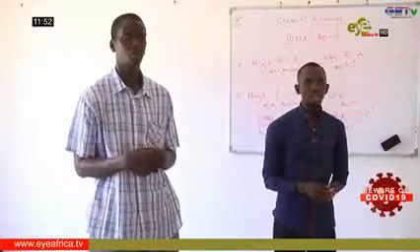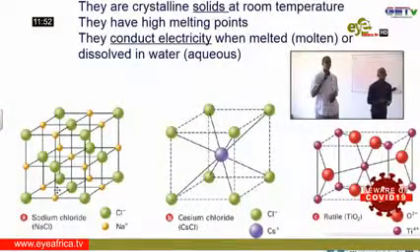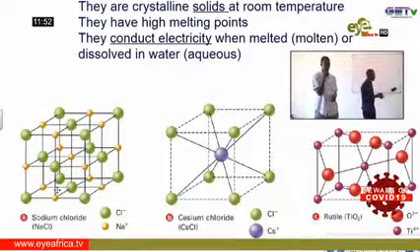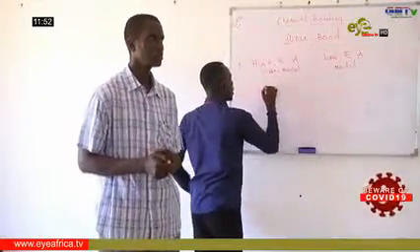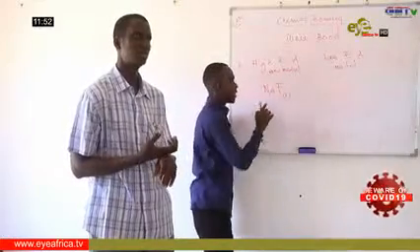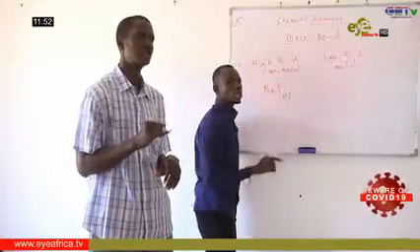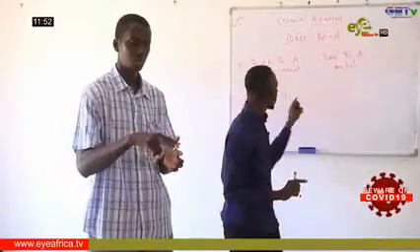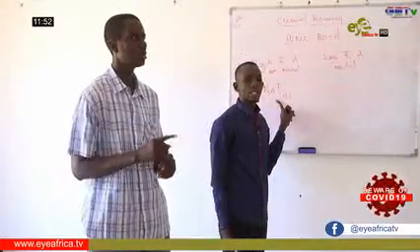Finally, they conduct electricity when melted, or when they are in molten state, or when they are dissolved. If we have NaF solid, there are ions, but the ions are not mobile. The ions cannot move. So in this case, they cannot conduct electricity.